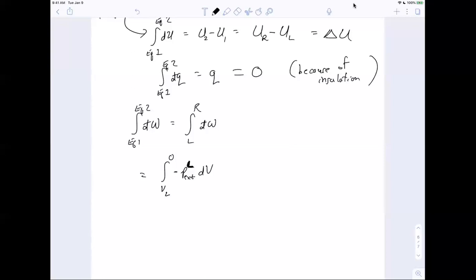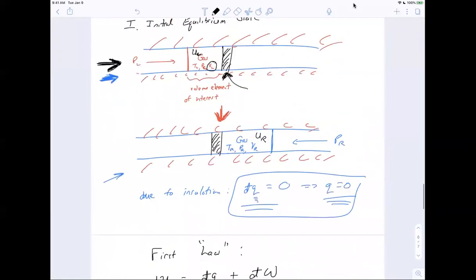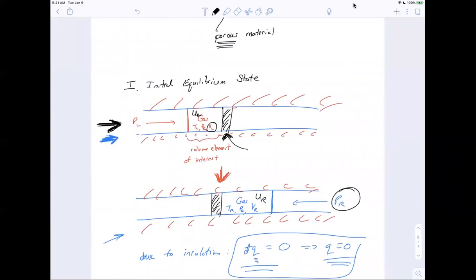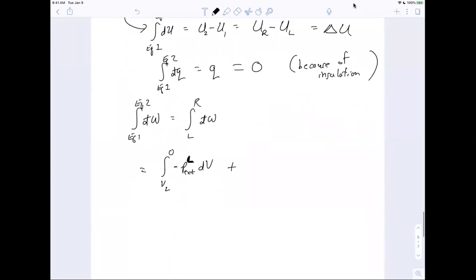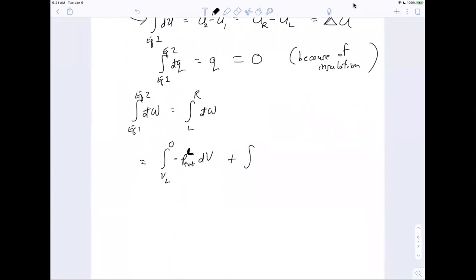Now, as the gas volume appears on the other side, we're going to have another work term because it's acting against the pressure on the right side. Got to act against that, or there's going to be some interaction with that external pressure. So initially we had 0 volume on the right, because everything was on the left.